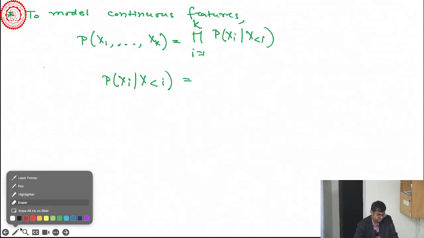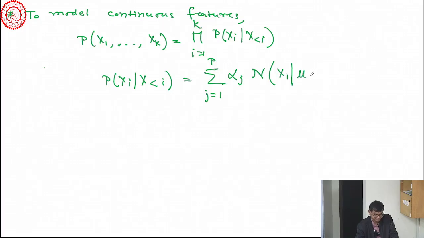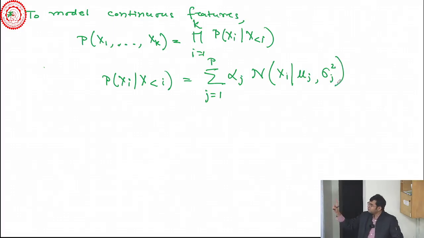It is modeled as a mixture of Gaussian. Let's write sum over j equal to 1 to p of alpha j Gaussian of xi given mu j, sigma j square, where this mu j and sigma j are functions of x1 to i minus 1.